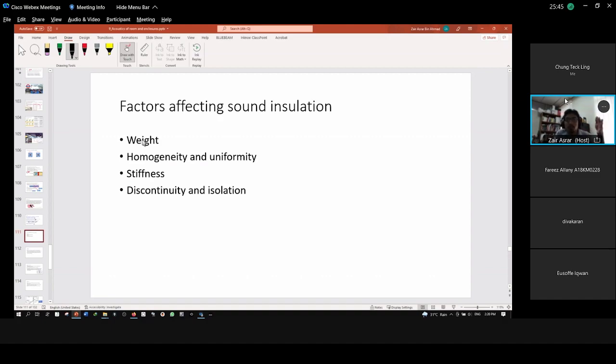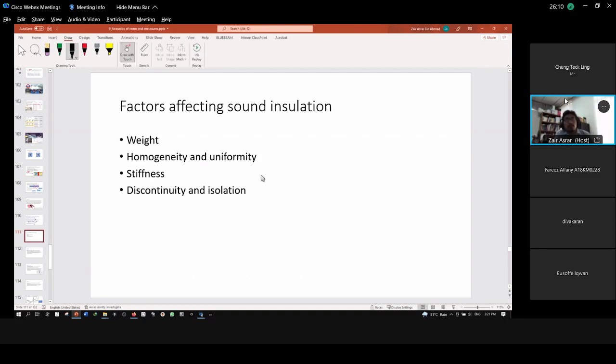If we have a partition or wall that is very light, it vibrates, which means it helps in transmitting the sound. But if the partition is very thick and heavy, it's very difficult to vibrate, so it will insulate sound more compared to a lightweight partition.